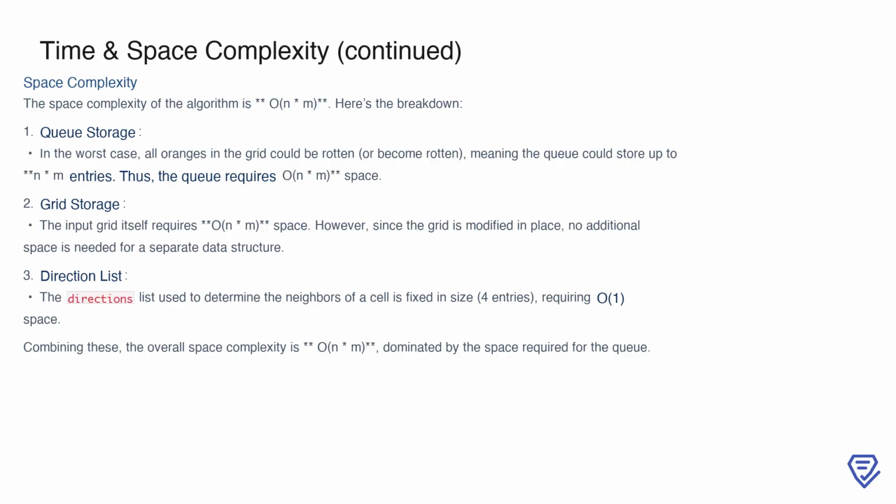The input grid itself also requires n*m space, but since the algorithm modifies the grid in place, no additional space is used for a separate data structure. Additionally, the directions list used to determine the neighbors of a cell is fixed in size, containing 4 entries, so it only requires O(1) space. When we consider these together, the space complexity is dominated by the queue, resulting in O(n*m).